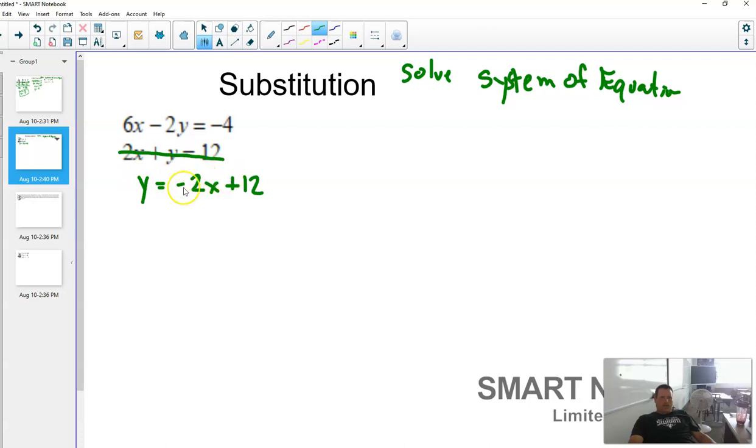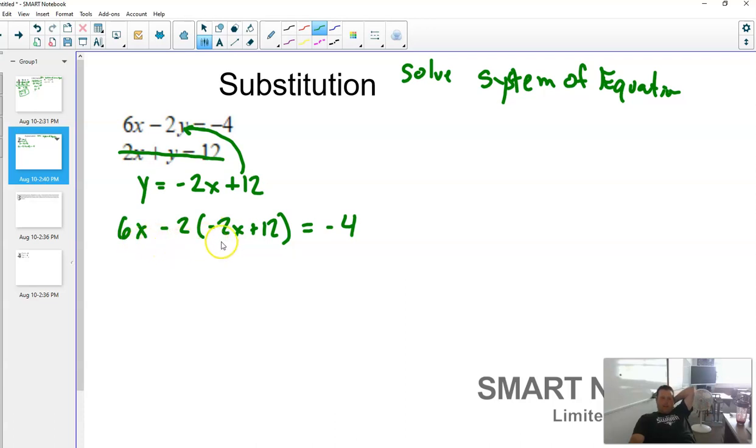And why I'm doing that is now I can just take this y that's in the top one and replace it with this negative 2x plus 12. So I'd have 6x minus 2 times negative 2x plus 12. So instead of writing that y there, I'm writing the negative 2x plus 12. And then that's all equal to negative 4 in this case.